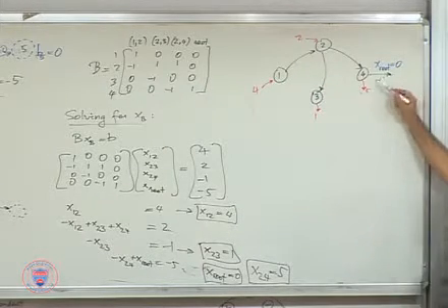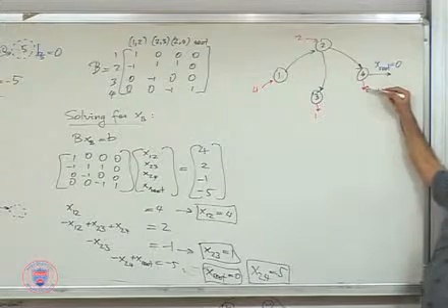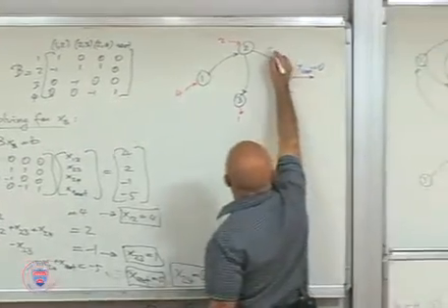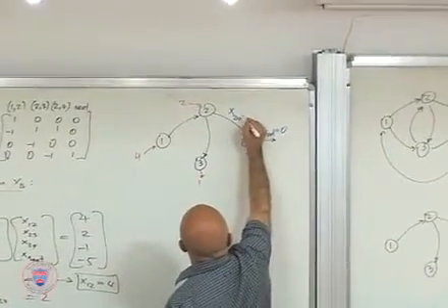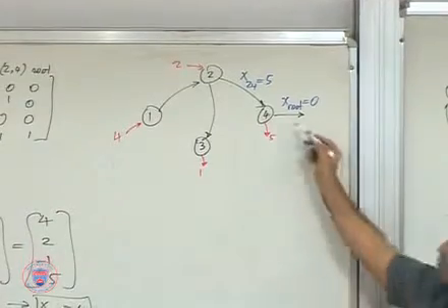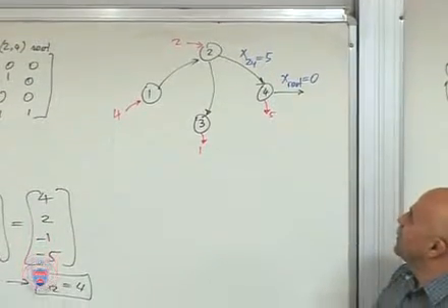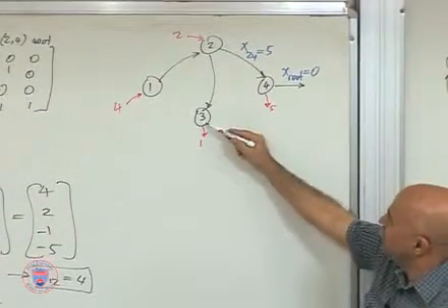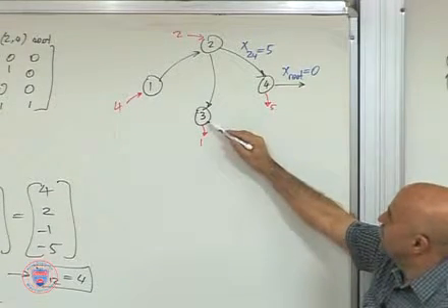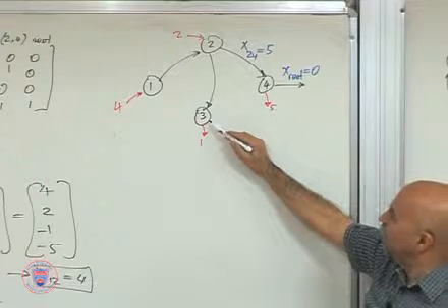Now, if this is 0 and if you have 5 units coming out here, obviously you need to have 5 units coming in. So x24 is definitely 5. I'm using the tree here, okay? Now, over here, of course, we're going with the tip nodes of degree 1.